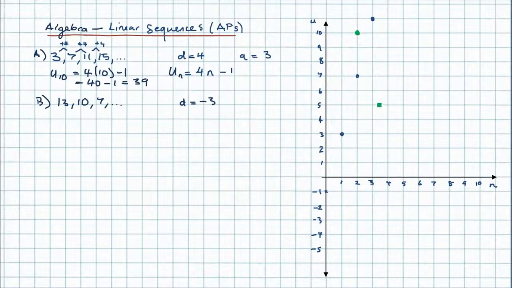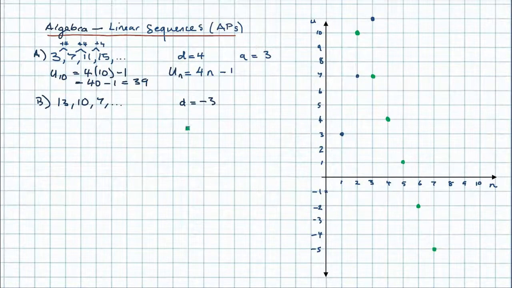Now if we put the 7 on, that would be our third term. We can see very clearly that our fourth term would be u equals 4. Our fifth term would be u equals 1. Our sixth term would be u equals minus 2 then, because I'm going down 3 each time, and so on. Okay, and we'll stop there.